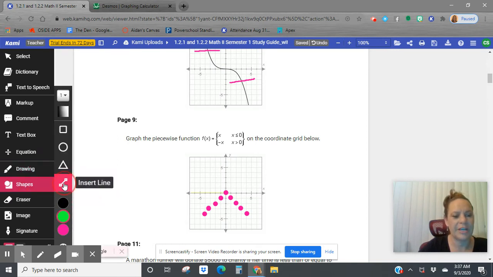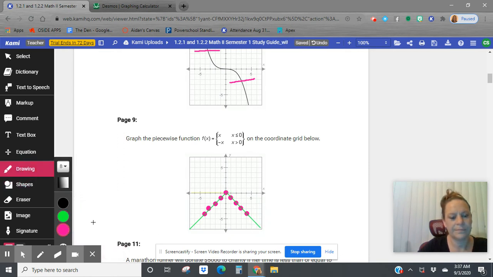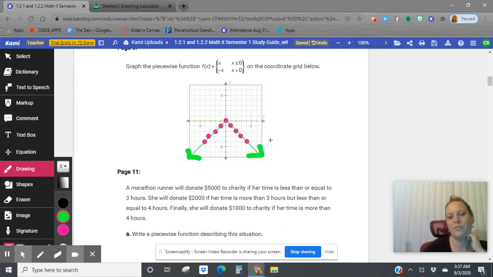I'm going to go over to the shapes and grab a line here, and then put a line here. And there's my graph. So graph this piecewise function below. This is how we did it.